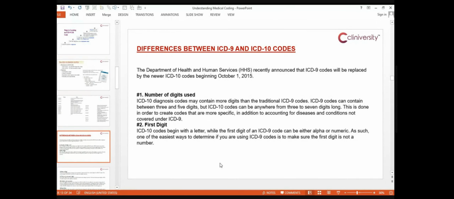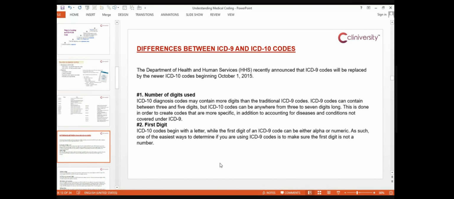So you have to be careful here that for any code whose first character is a numerical value, the next thing you need to look into is whether it is for a procedure or for a condition, that is a diagnosis. Accordingly, you will differentiate: this should be from the CPT dictionary and this should be from the ICD-9 dictionary, right?